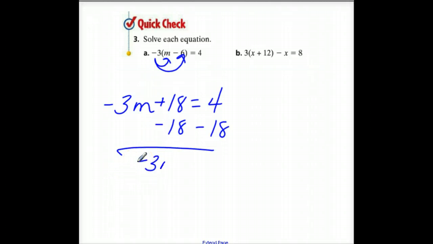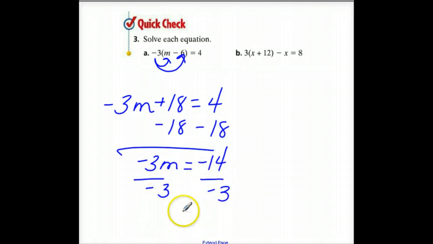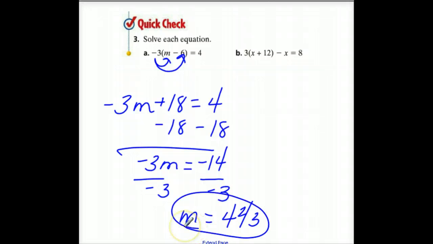I have negative 3m equals 4 minus 18, which is negative 14. Divide by negative 3. You can use your calculator as long as you're showing your work. M equals 4 and 2/3. Remember, you can always put this back into the equation to check your answer.